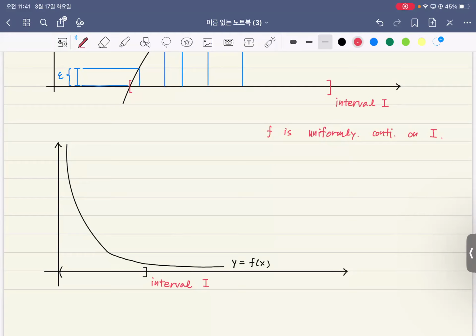Okay, and in this case, let me try to find the delta for this epsilon.